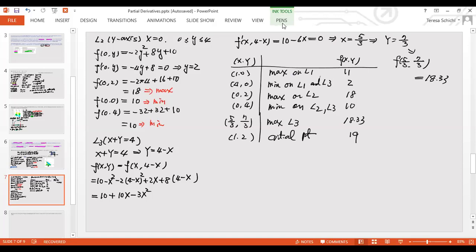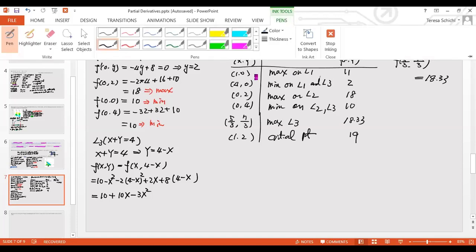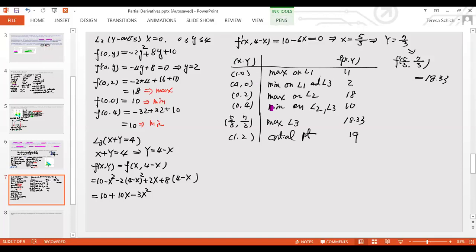Okay, so now we consider all the values on the boundary and on the critical point. Here, this is the largest one. So what is this one here? We call this the absolute max, right? Then let's take a look at what is the smallest value.